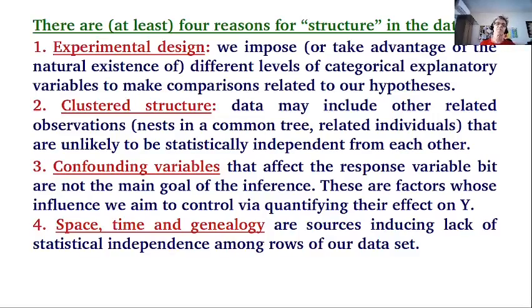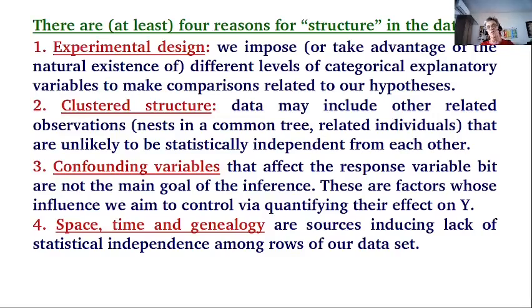Then the fourth is that sampling may involve sampling over space, over time, or among individuals that belong to a genealogy. By genealogy, here I mean sets of individuals related by being descendants of a common ancestor, for instance, in the case of relatives, or genealogy in the sense as it is used in systematics.